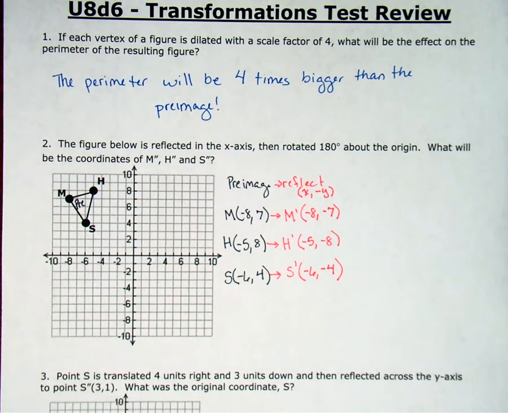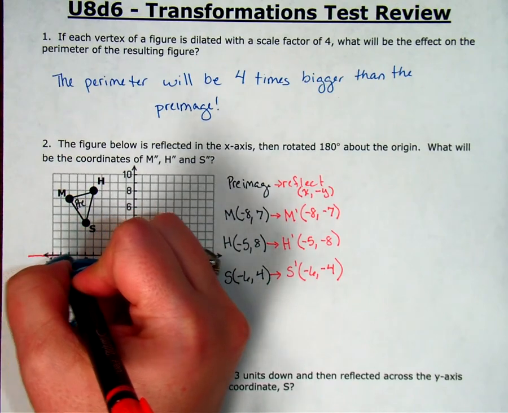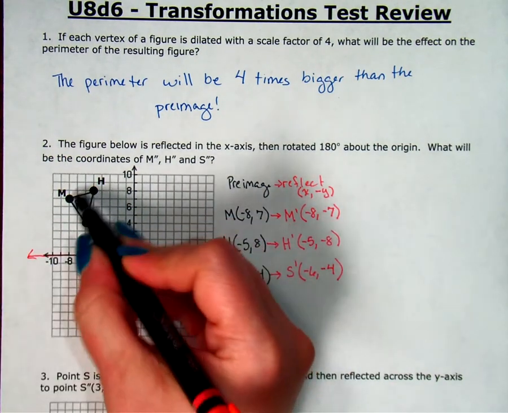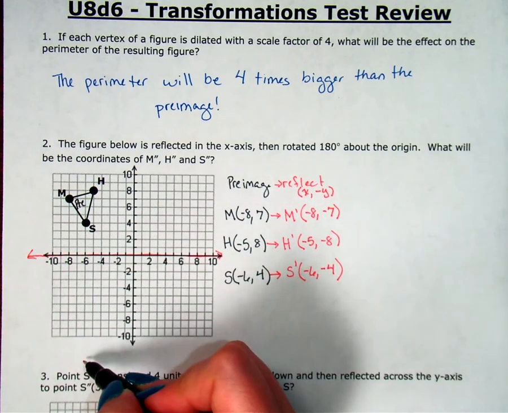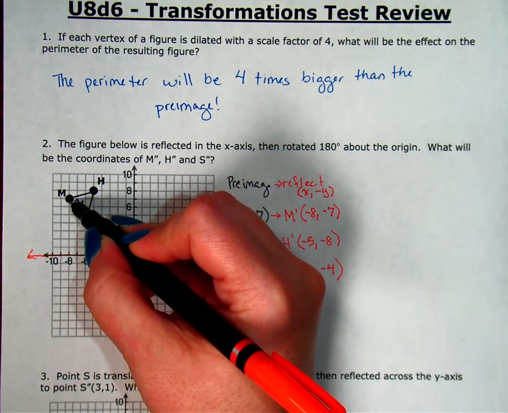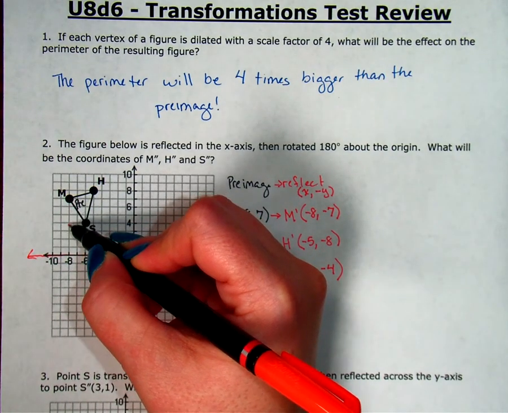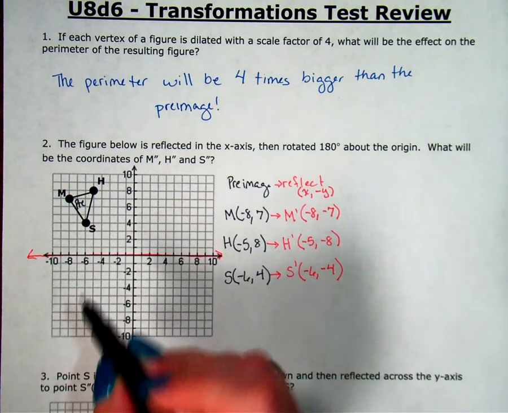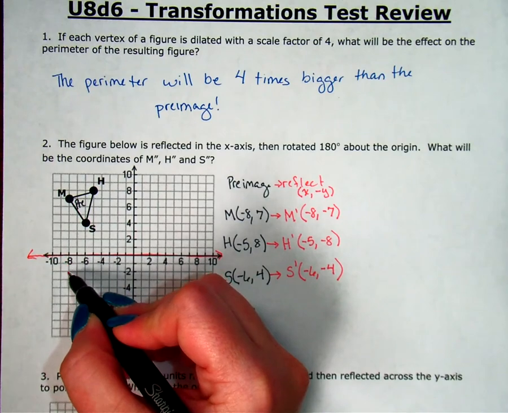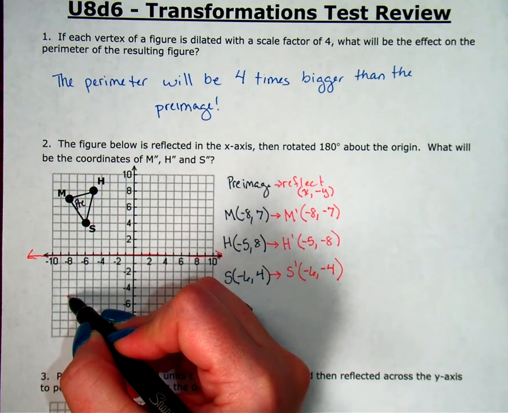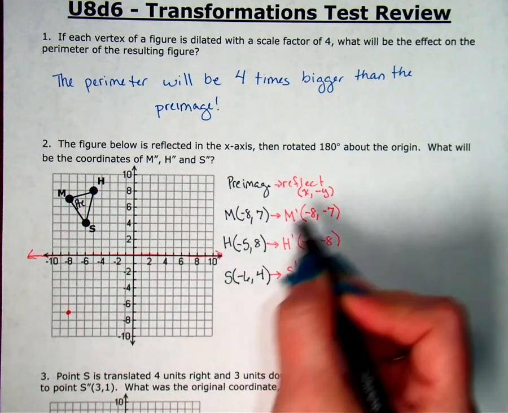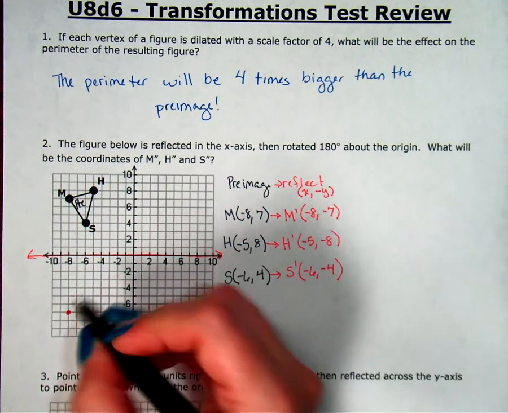And this is reflecting across the x-axis, which is my horizontal axis. So everything that is above my figure is going to be the same distance below my figure. So right now M is 1, 2, 3, 4, 5, 6, 7 above. So its reflection will be 7 below. 1, 2, 3, 4, 5, 6, 7, at the point -8, -7, which is where we said it would be, right? So here is M prime.